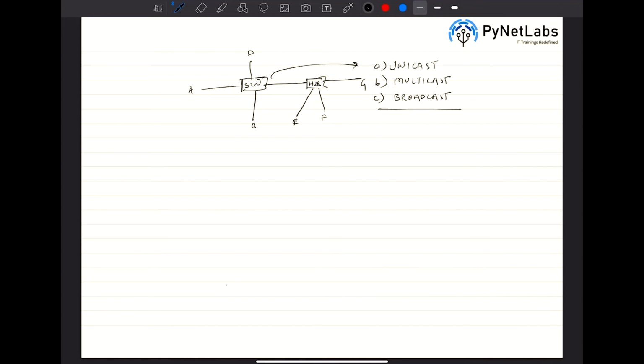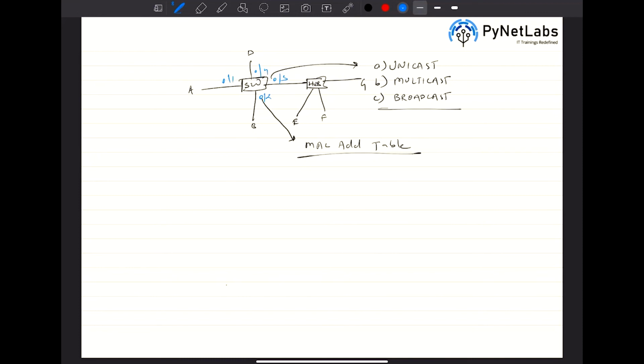Cool. And how does it get to be able to do that? It is able to do that because a switch maintains something called a MAC address table. When you look at that MAC address table, a switch might have multiple interfaces, for example 0/1, 0/2, 0/3, and 0/4.